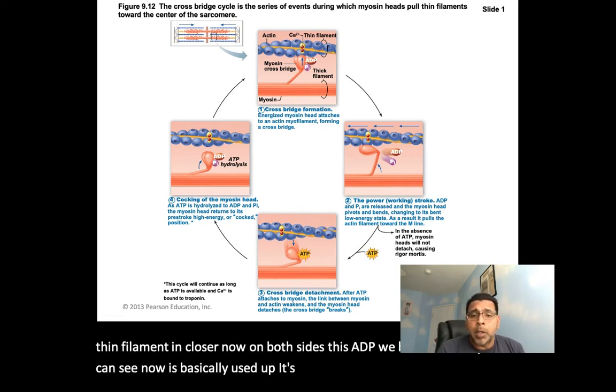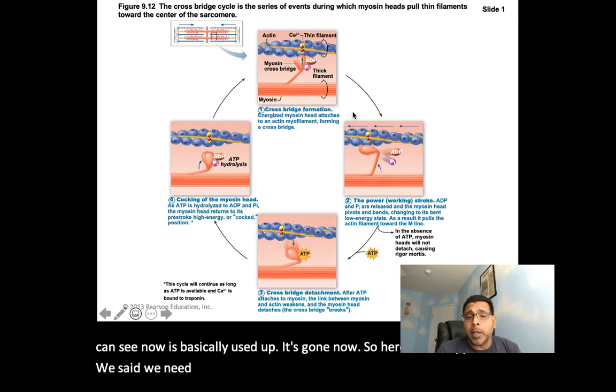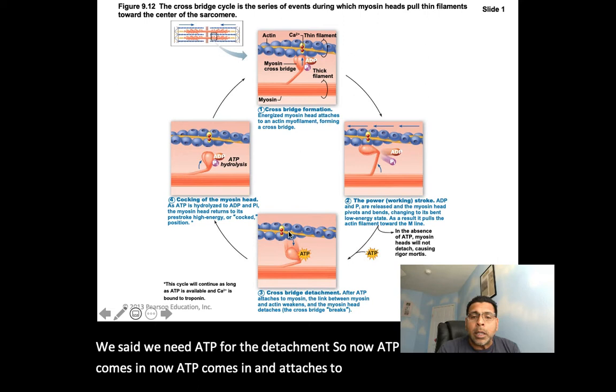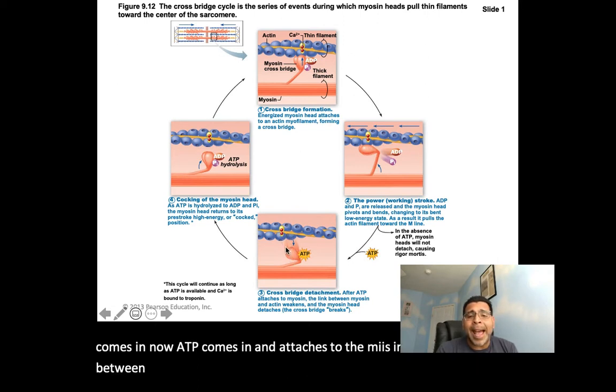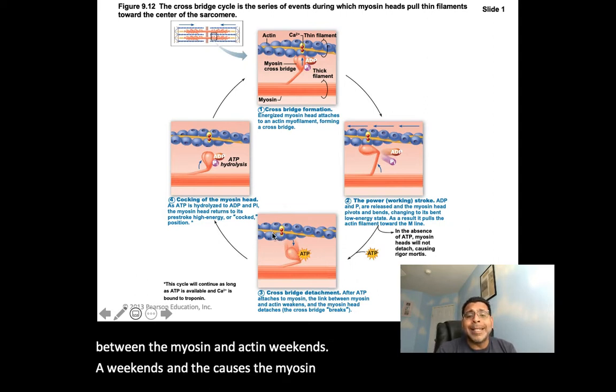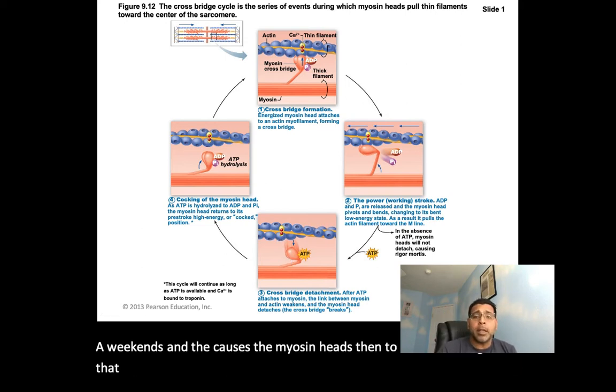We said we need ATP for the detachment, so now ATP comes in and attaches to the myosin. Now the link between the myosin and actin weakens, causing the myosin heads to detach, causing the cross bridge to break.